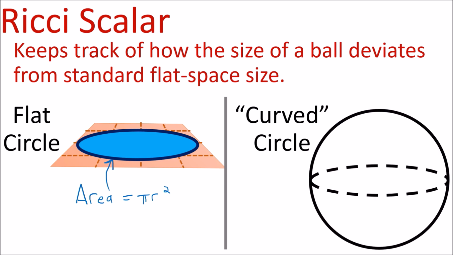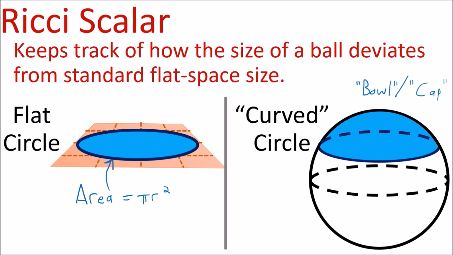Now, if we were to live in curved space, say living on a giant sphere like the moon or a planet, we could also draw a circle with the exact same circumference. So this circle in flat space and this circle in curved space have the exact same perimeter. But if we were to look at this circle in curved space and ask what its area is, we'd get this entire blue region here, which is sort of like an upside-down bowl that sits on the sphere like a cap.